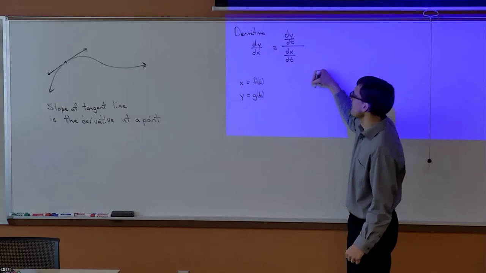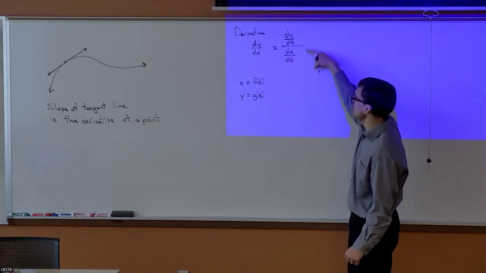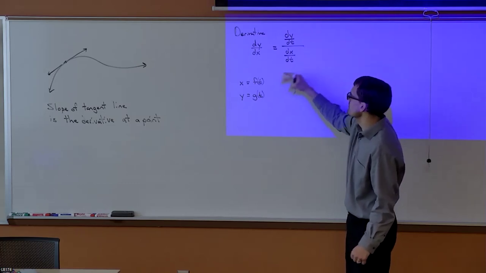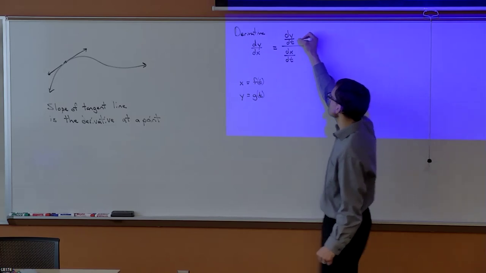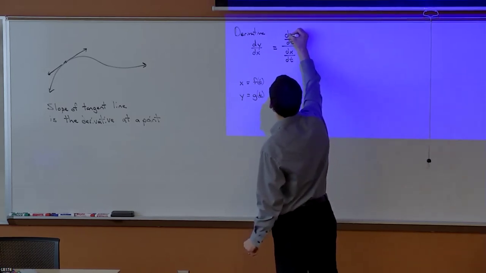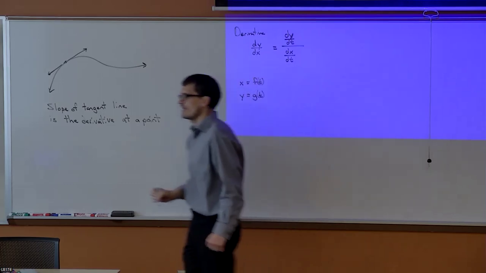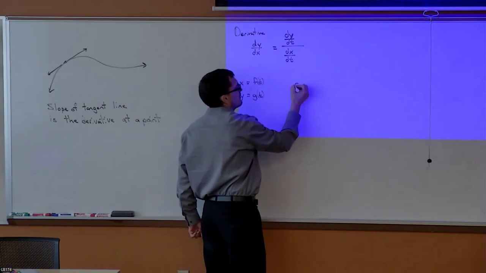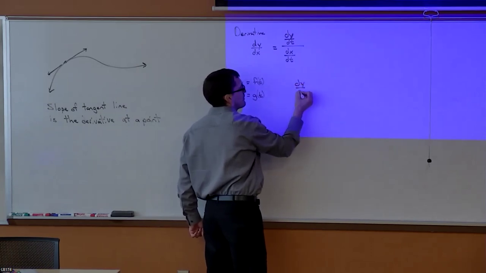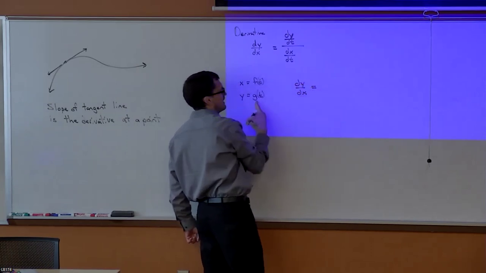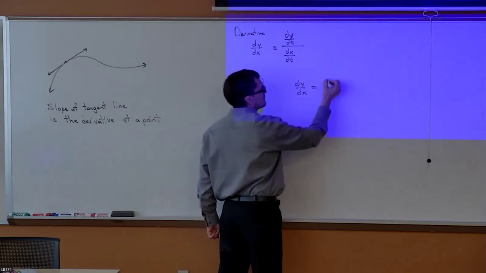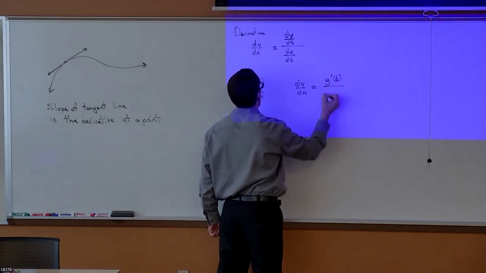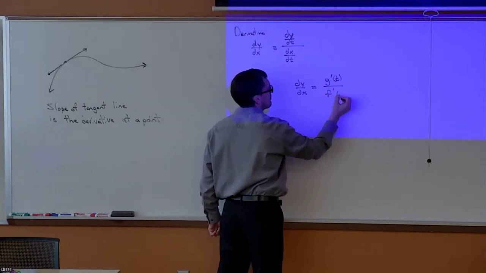So this is like g prime over f prime. So the derivative of y with respect to x, the way I've written it, with g as y, would be g prime over f prime.